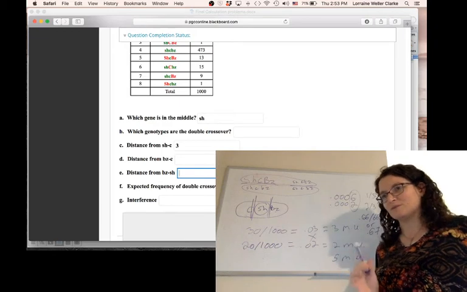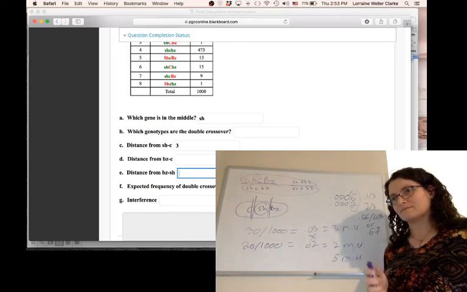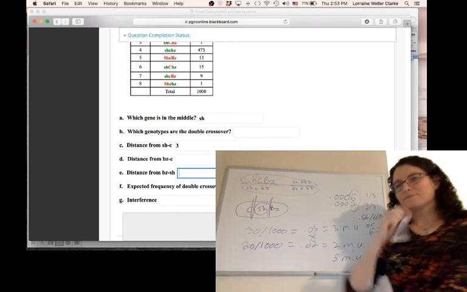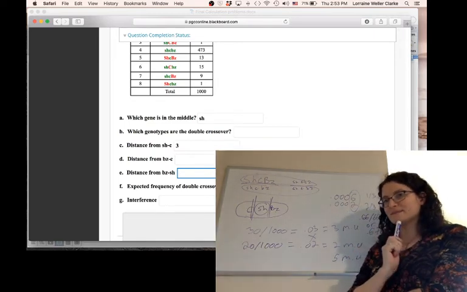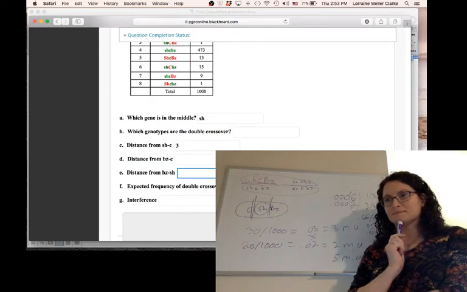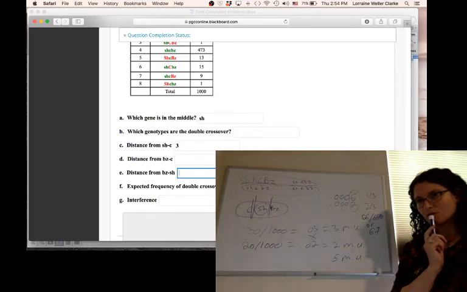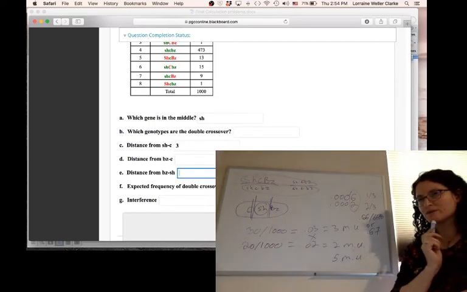You have to know which ones moved. Where are you stuck? Because there's a lot of pieces. Do you know how to find the middle gene? Let's start there. Can you find the middle gene? You're asking me to go over frequency and what kind, Kim?